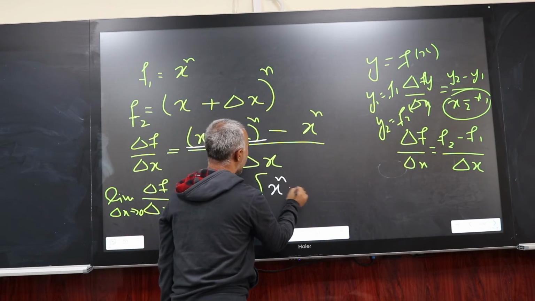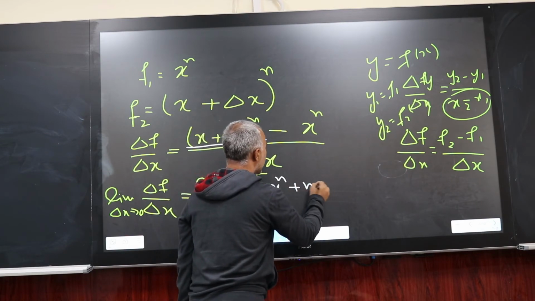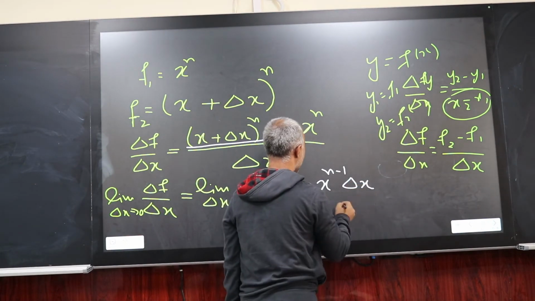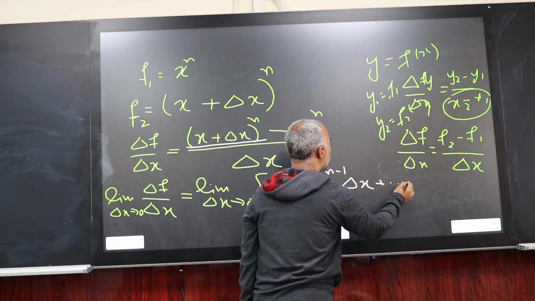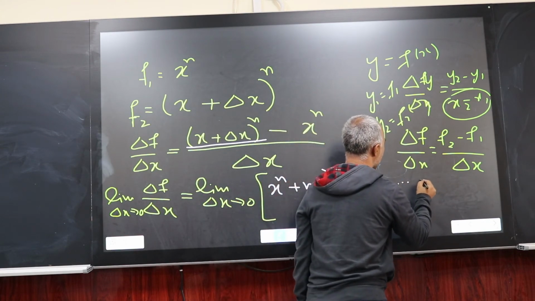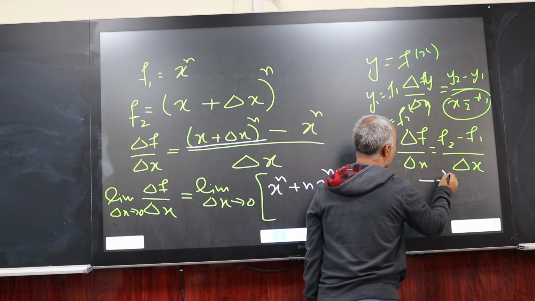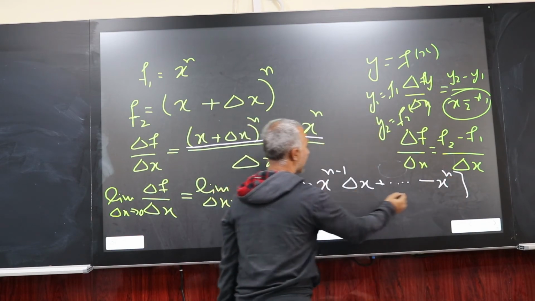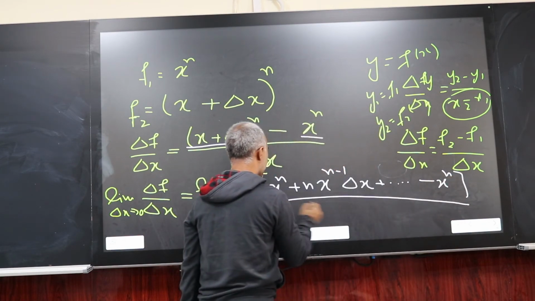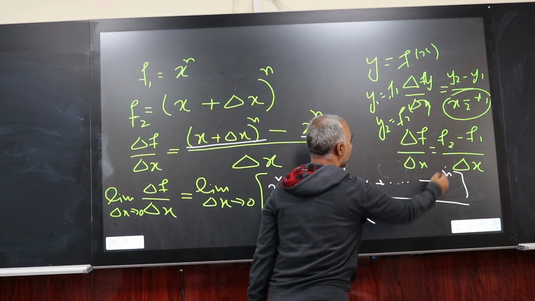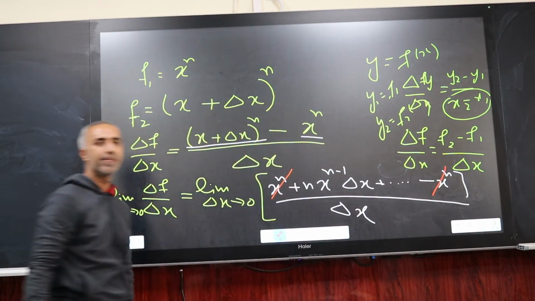We get x to the n plus n x to the n minus 1 delta x plus many similar values, and here minus x to the n, and in the denominator delta x. My children, what will happen? This will cancel out with the first one.